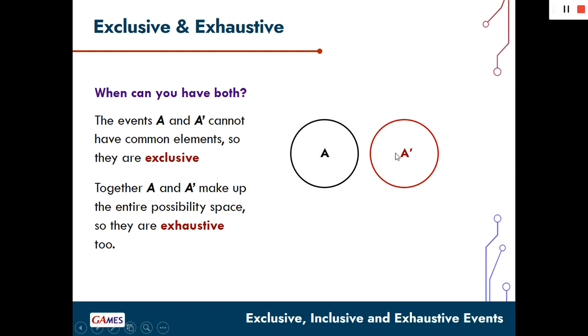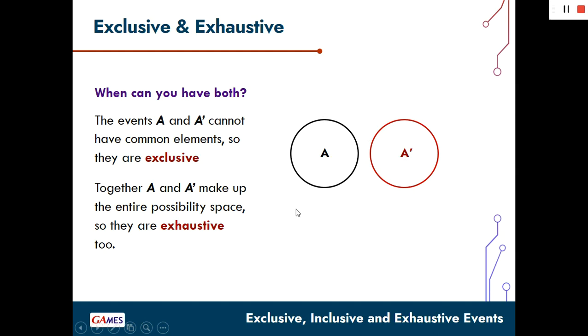Even if it's not A and A prime per se, even if it's A and whatever event, that event becomes the prime of A, because everything that is not within A is going to be found inside this particular set of events.